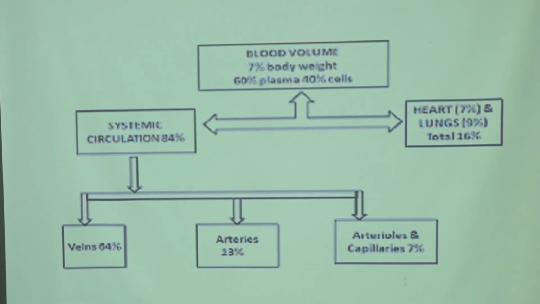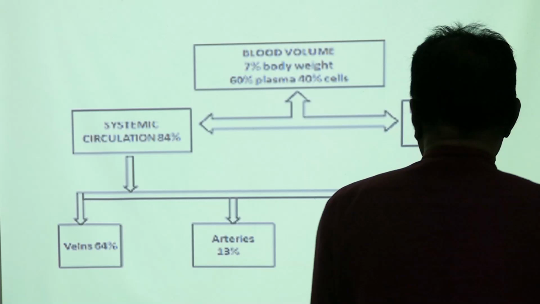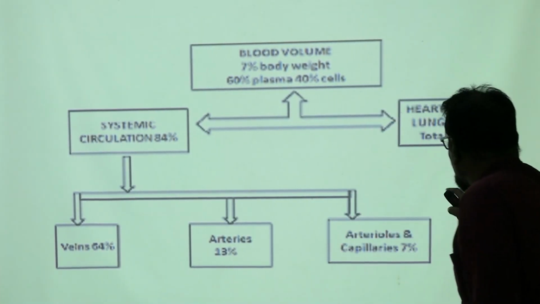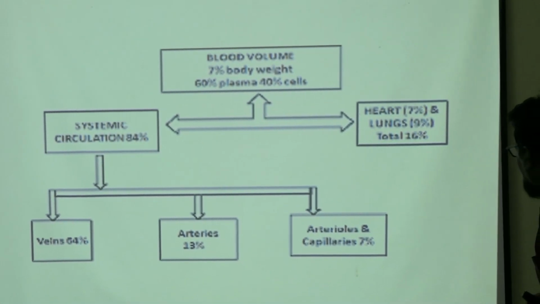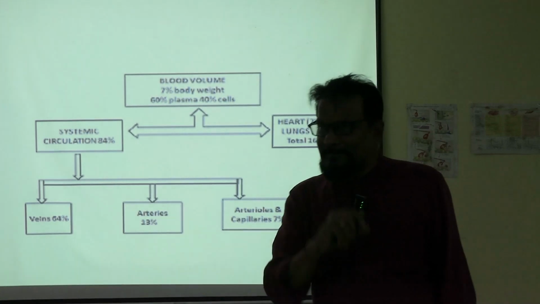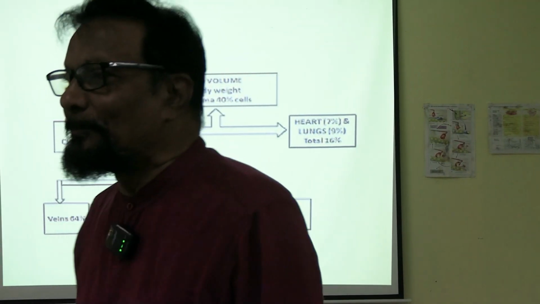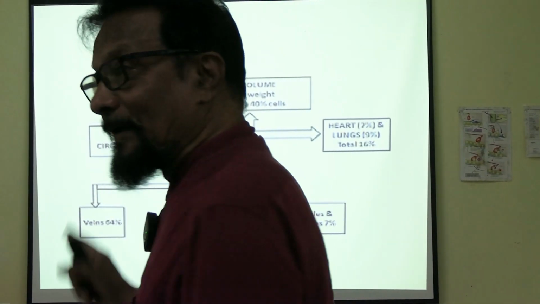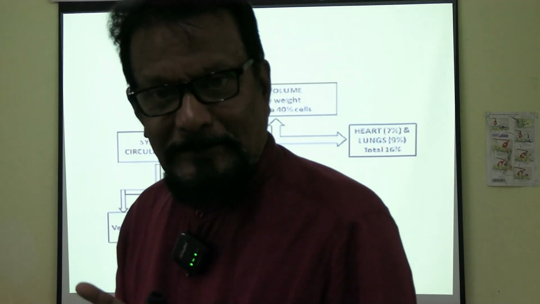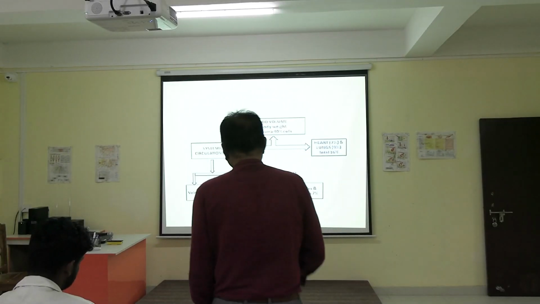Artery is holding only 13%, and arterioles and capillaries already have a very small amount, only 7%. Can you remember this?